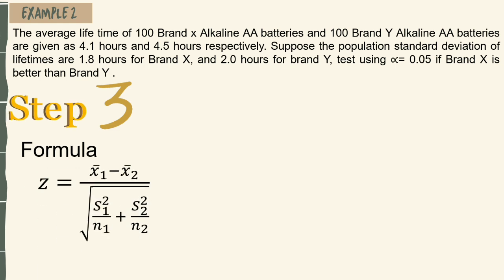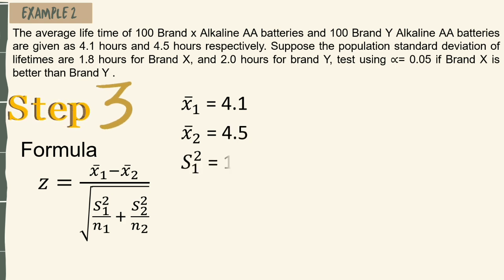Our formula: z is equal to mean sub 1 minus mean sub 2 over the square root of s sub 1 squared over n sub 1 plus s sub 2 squared over n sub 2. Let us first identify the given values. We have sample A and sample B. The mean sub 1 of sample A is 4.1 and the mean sub 2 of sample B is 4.5.